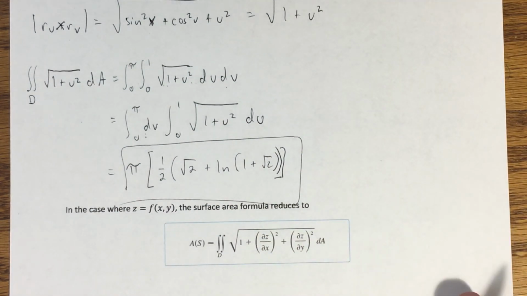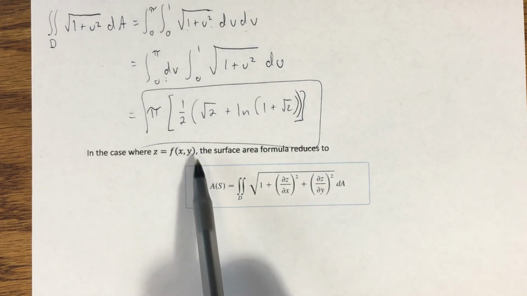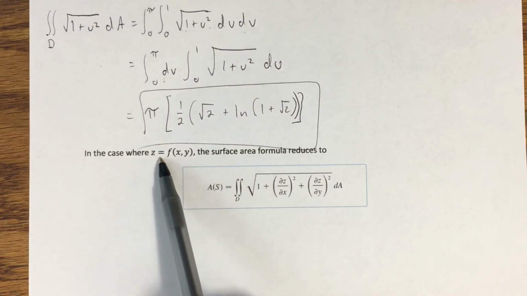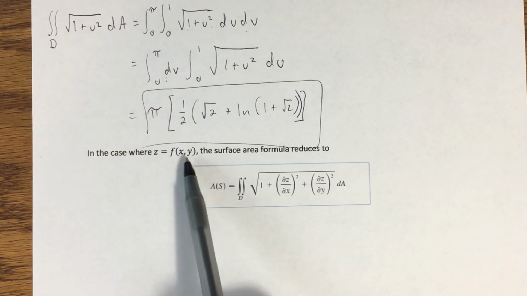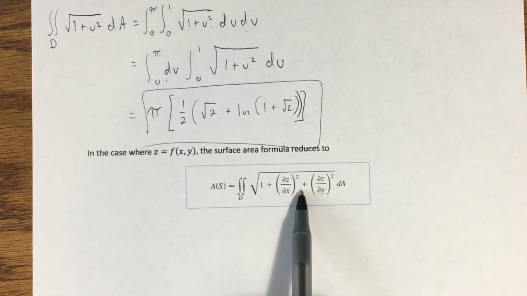All right? So finally, and this is just something I'm going to mention because it's not really anything new. Back in chapter 15, we talked about surface areas for surfaces that are given as functions, z equals f of x, y. When we have those types of surfaces, we've seen this area formula before.